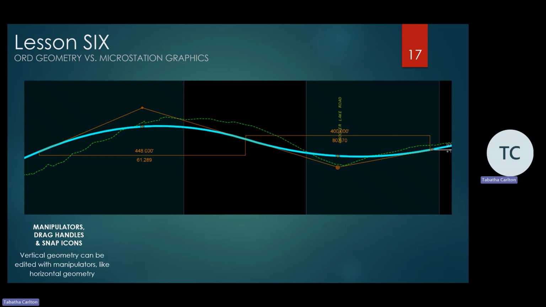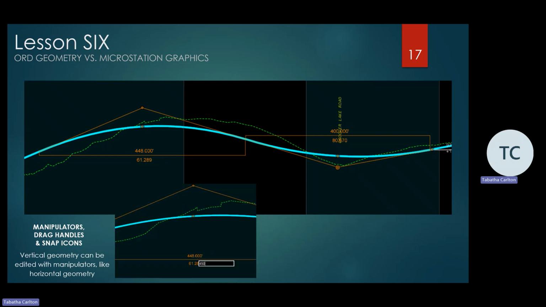When you do that, it updates your corridor, your cross sections, everything down the line. It's pretty cool. In this example, I think I changed that vertical curve from 448 to 450. Oh, that's a big change.